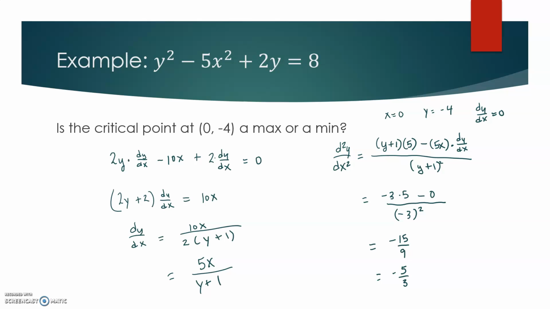And we can conclude that this is concave down at x equals 0. So we know that our curve goes like this, has a horizontal tangent line. So (0, -4) is a maximum because dy/dx is equal to 0, and the second derivative is less than 0.